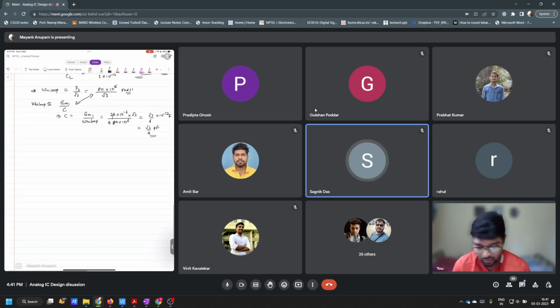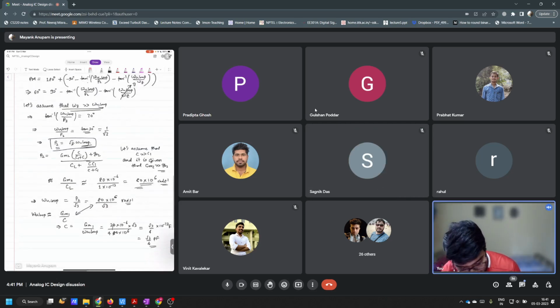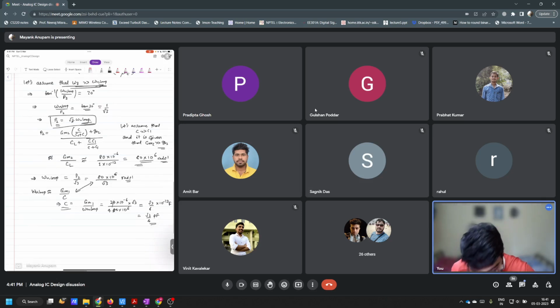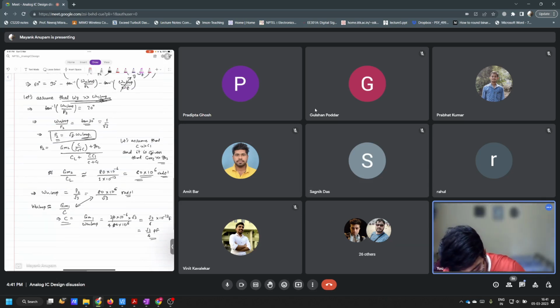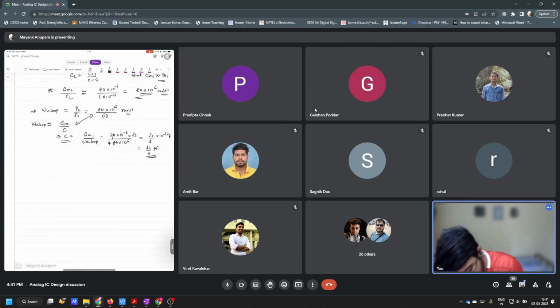Now I made some assumptions while calculating this value of C. The first assumption was that omega Z is much greater than omega u loop. The second assumption was that C is much greater than C1. Now this is the value of C, and what is C1? 10 femtofarad, right?